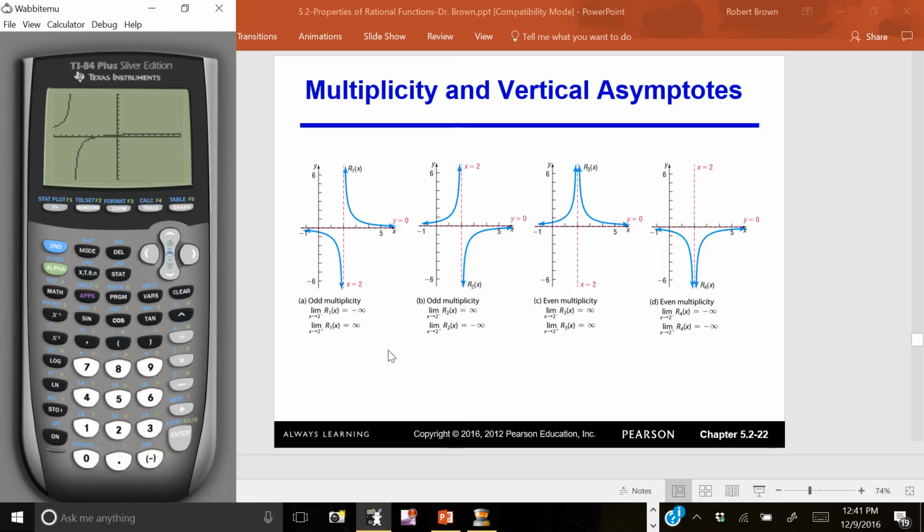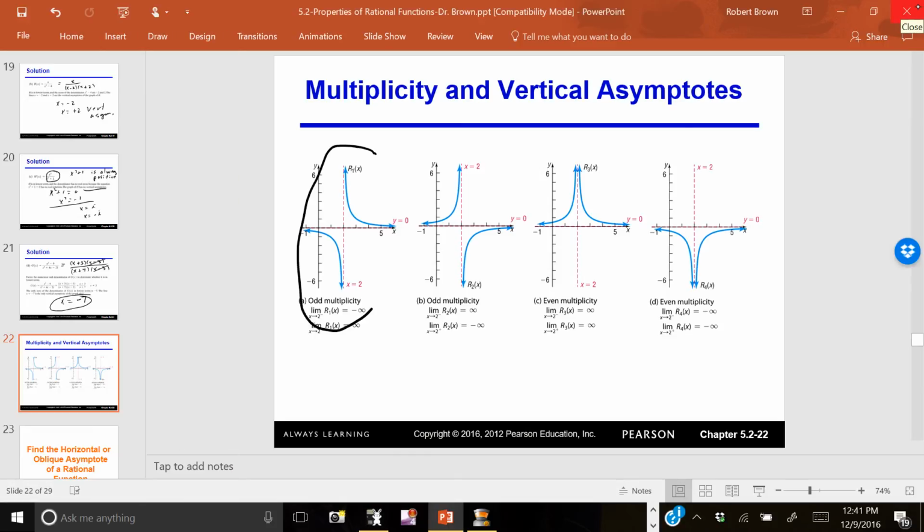Now, vertical asymptotes can have various kinds of flavors, or what we might call multiplicity. Here is an illustration where as x approaches 2, y approaches minus infinity on the left, that means as x is approaching 2, we put a minus there at the top, which means it's approaching 2 from the left.